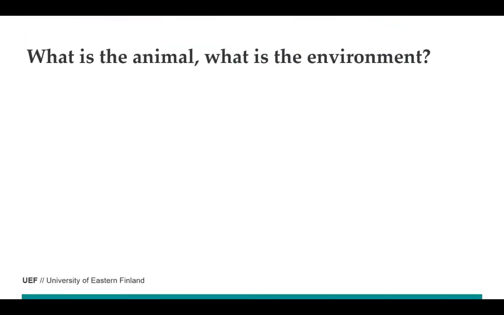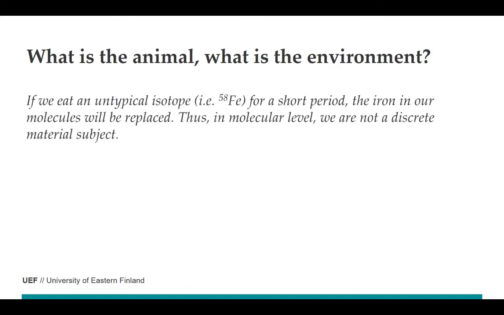Okay, then what is the animal and what is the environment? We almost must think that, okay, we are the same person that we were when we were born. Well, are we? Well, we can test it. We can use an untypical isotope of iron for a short period. We can see that the iron in our molecules will be replaced.